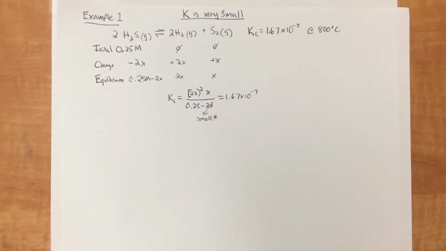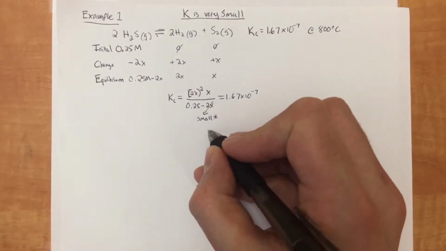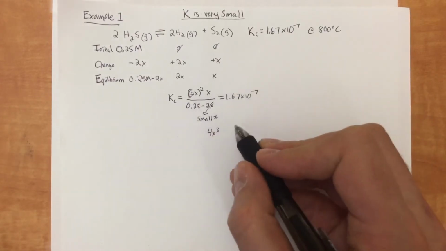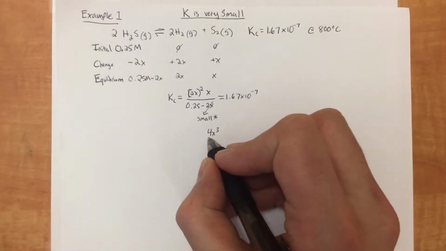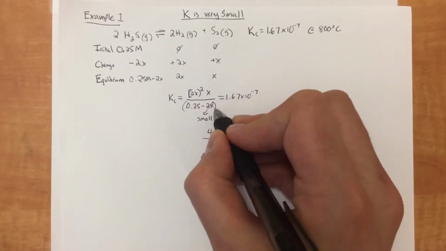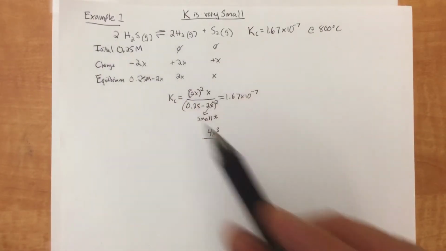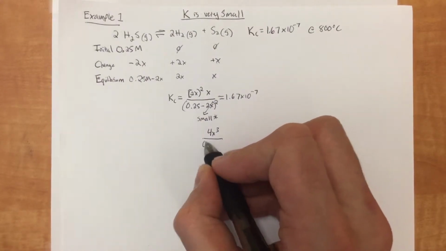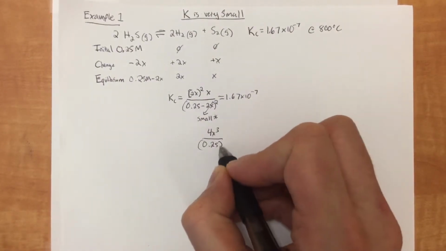If we go ahead and solve this problem, we'll come up with 4x cubed in the numerator divided by, sorry, I forgot my squared units here, given our coefficient, and 0.25 squared in the denominator.